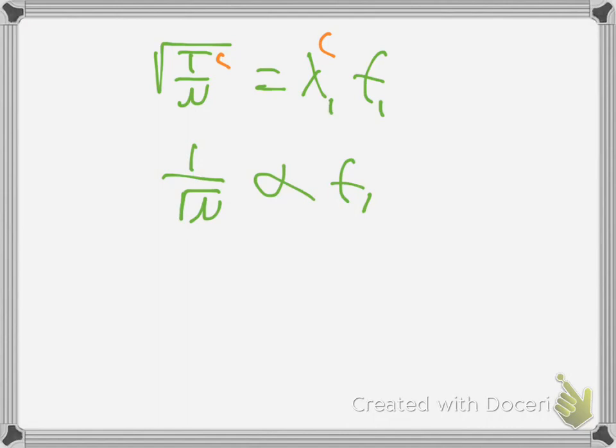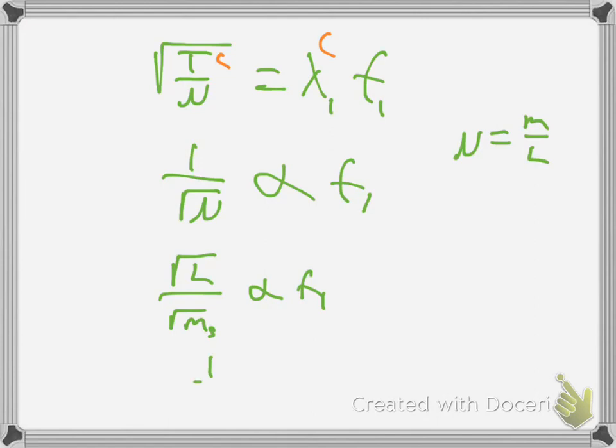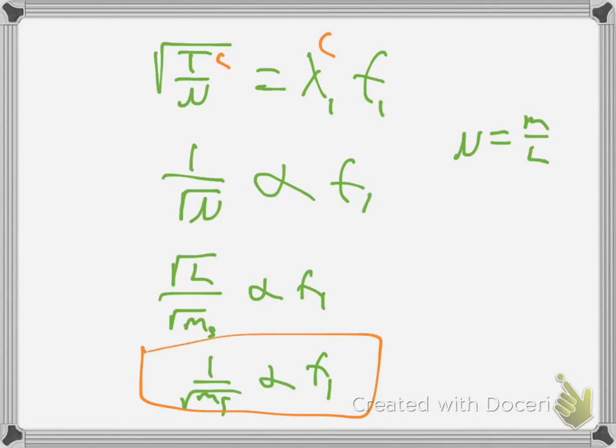We can expand that even more. Since mu is m over L, that would be the square root of L over the mass of the string, just remember. This is as simplified as we can get. So the fundamental frequency is directly proportional to 1 over the square root of the mass of the string. I think that solves part A pretty well.